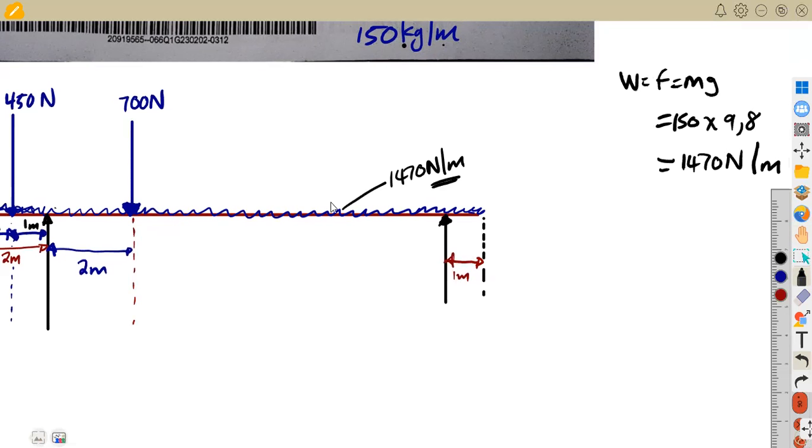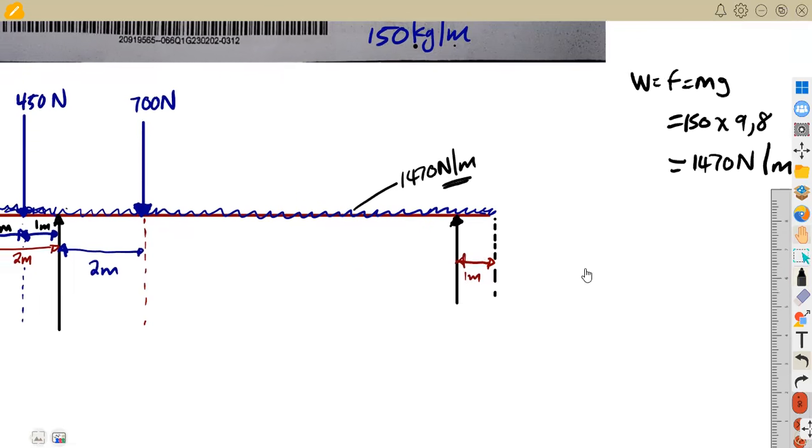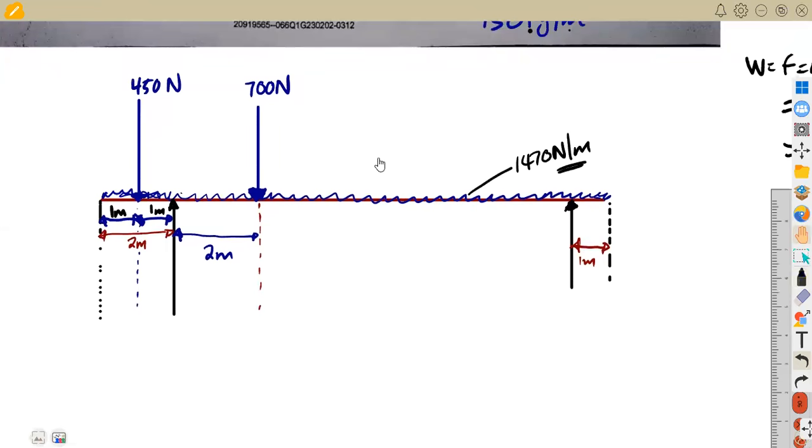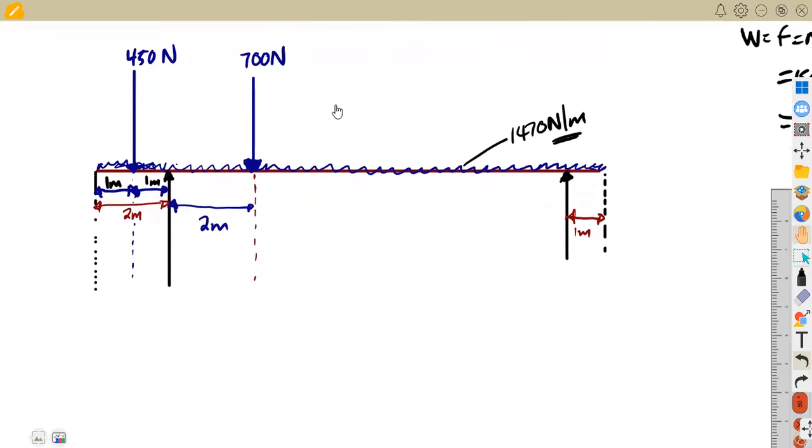In our calculations, that's where we are going to multiply by the distance in between to have it as a point load. But for now, we are using it just as a distributed load on the diagram. It's wrong for us to write it on the diagram as a concentrated load at once. Let us have it properly.